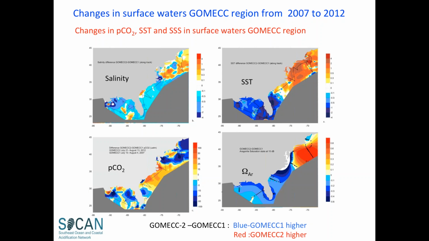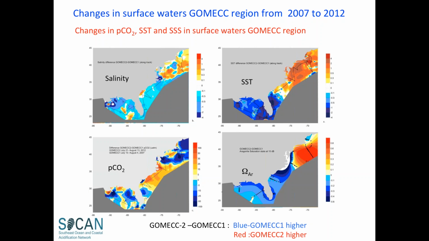So this is a plot of differences in aragonite saturation state at 100 meters, so below the mixed layer, with a lot of arrows. This is not dogma, but this is what we believe is happening between these two cruises, showing the influence of large-scale circulation changes.